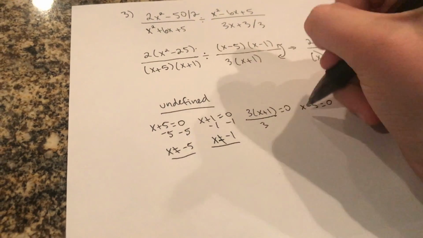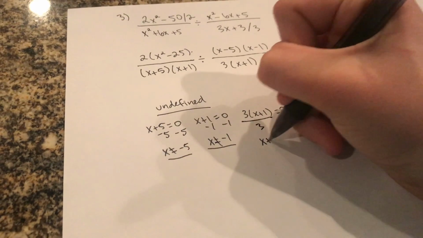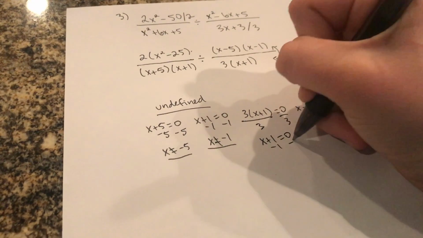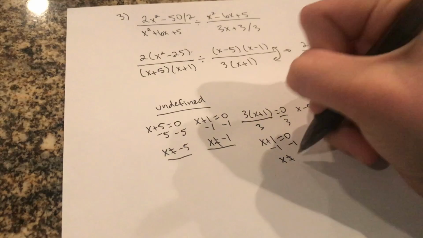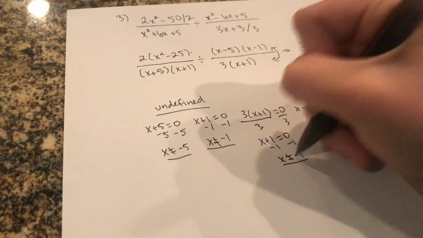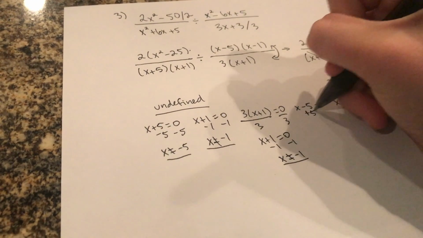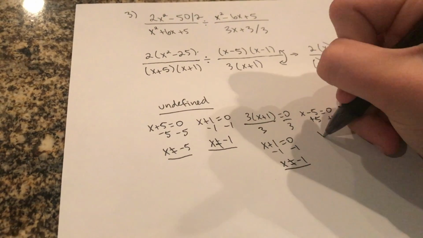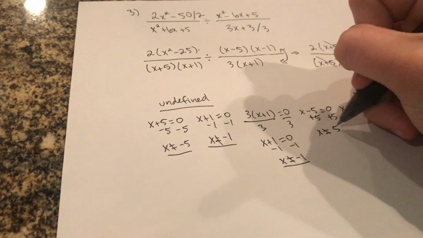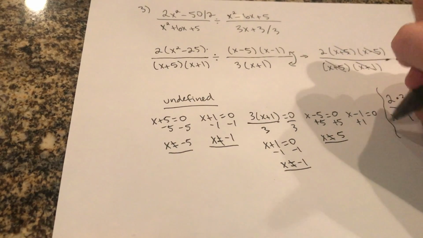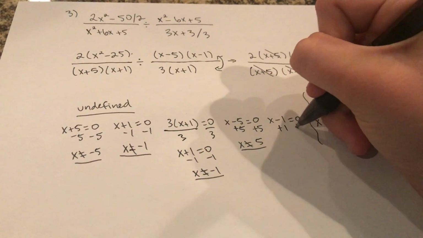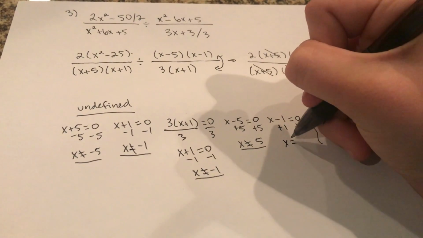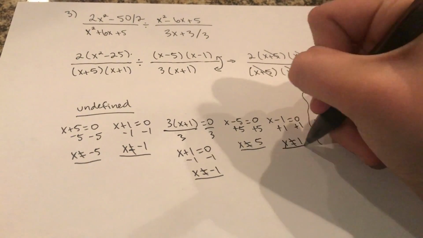You divide by 3, so 0 divided by 3 is 0. And then you have x cannot equal negative 1 again. And then you have x minus 5, so you add 5. x cannot equal positive 5. And then you have x minus 1. Then you have x cannot equal positive 1.